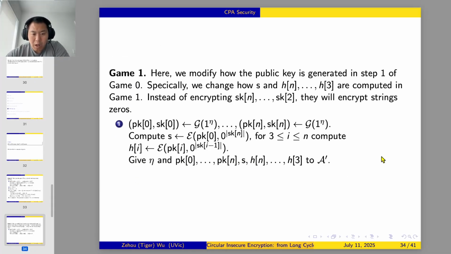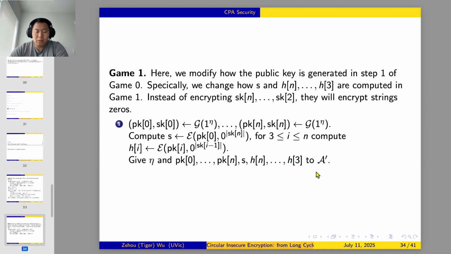So in game 1, we change how the keys are generated. We sample PK0, SK0 up to PKN, SKN similarly as before. But for S and the H values, we'll be encrypting zeros instead of the secret key. And now this is given back to the adversary.